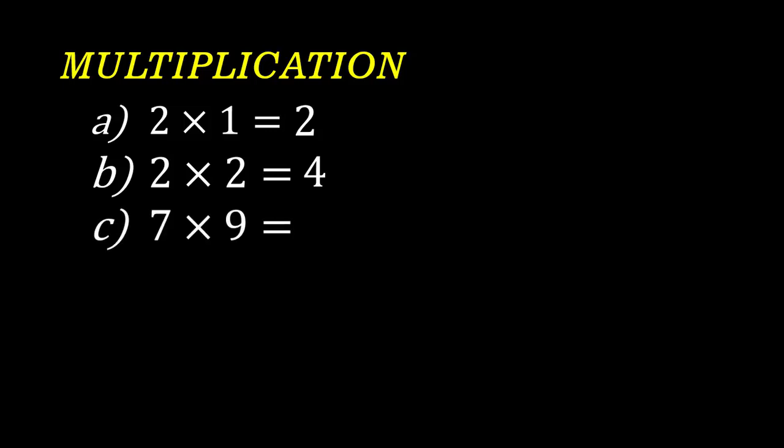To some of you, if you have an expression like 7 times 9, it might take a while for you to give the answer. So of course, you might be scratching your head now. And again, if you look at the expression 9 times 9, it might also take a while for you to give the answer.